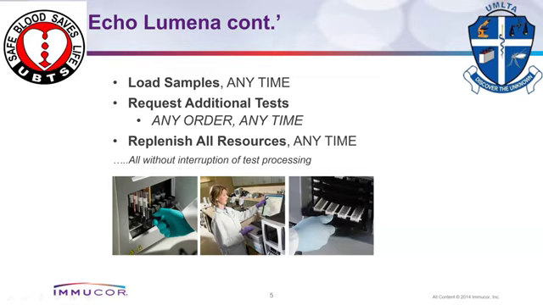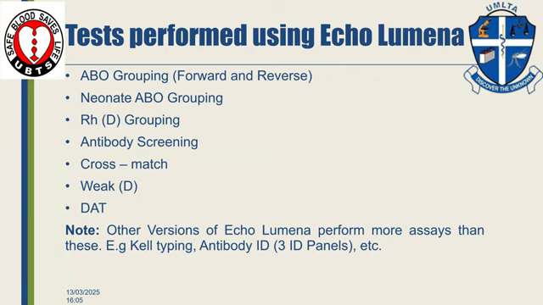Now, we look at the tests being performed. Of course, the first one being the ABO grouping. It is able to do neonatal ABO grouping. We do rhesus D grouping, antibody screening, cross-match, weak D, which has been the topic today, which I expect that we shall put more emphasis on, and direct antiglobulin test.